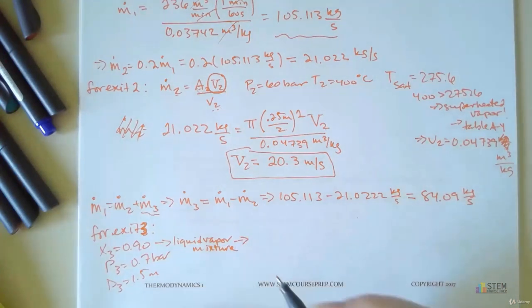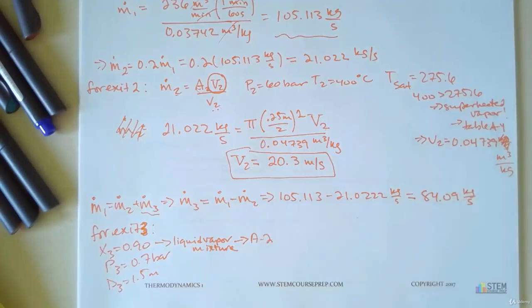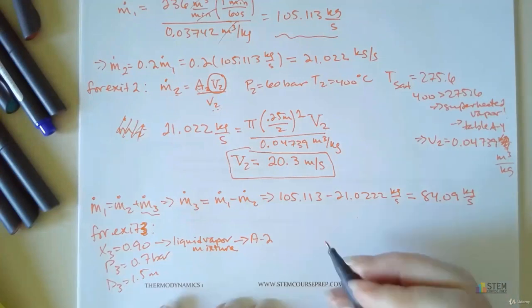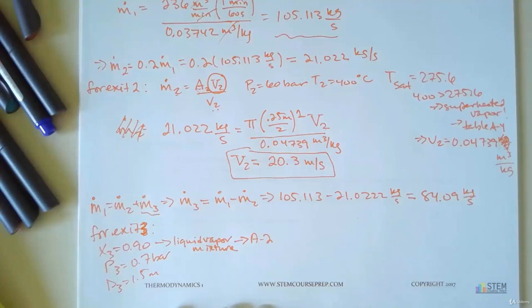This means when we are finding our specific volume, then we need to go to table A2. So that's going to be the saturated water table, that main table we always keep starting with. And remember, that table only gives you the values for specific volume at the point where the quality is 0 or 1, so the F and G points.